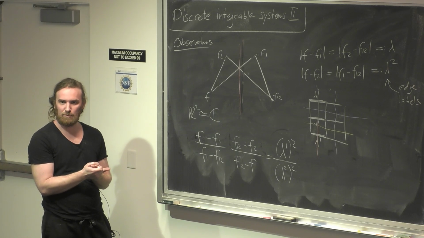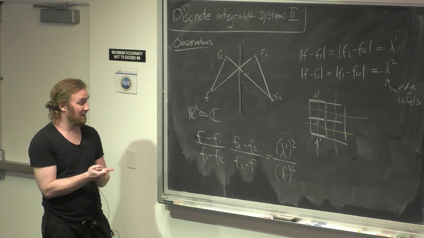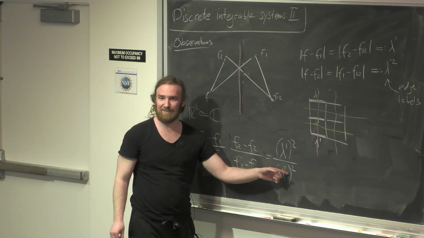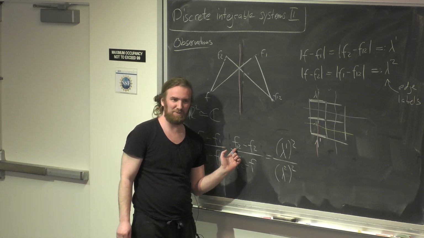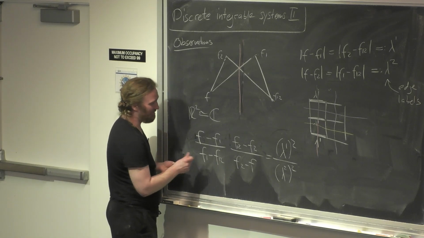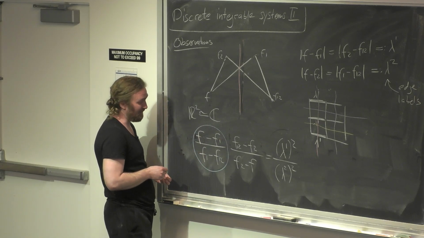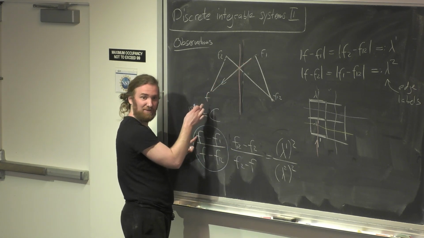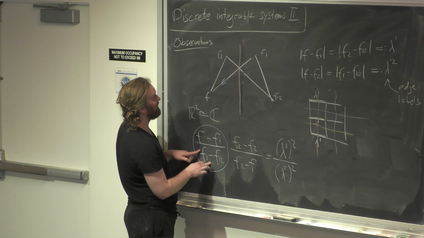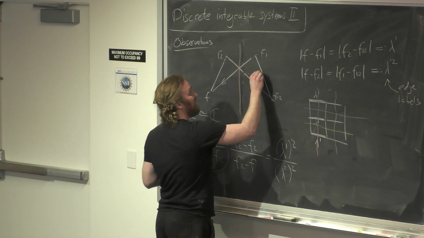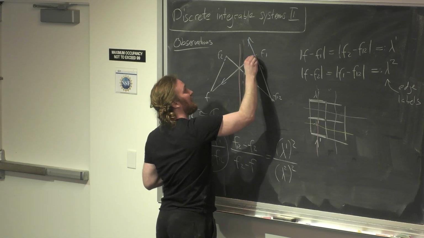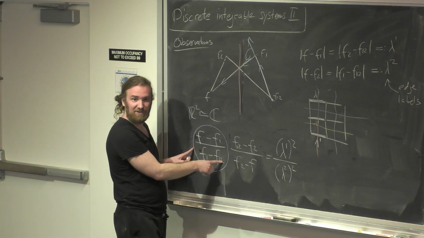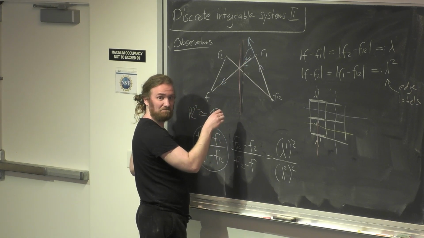So we still need to look at the argument, but that is true. I always mess this up, but I'm going to try anyway. Let's see if the right side is real. So the argument of the left-hand side should be 0. Okay, let's try. First, let's look at this one. I have f minus f1, which is this edge, divided by f1 minus f12, which is this edge. So the argument of this should be this angle.